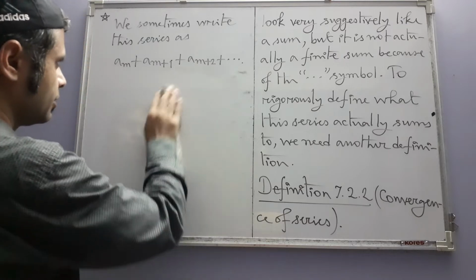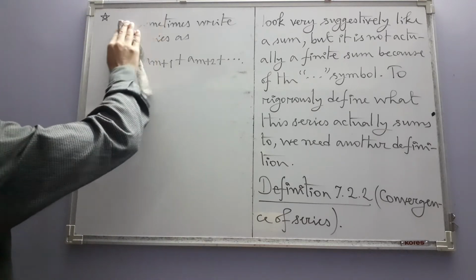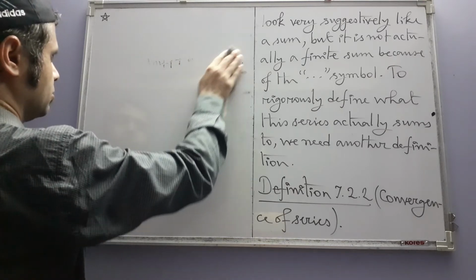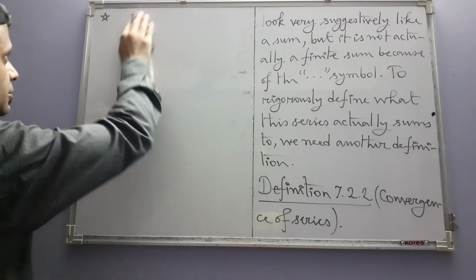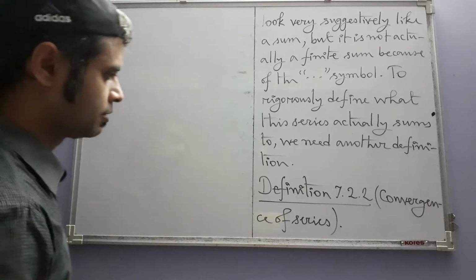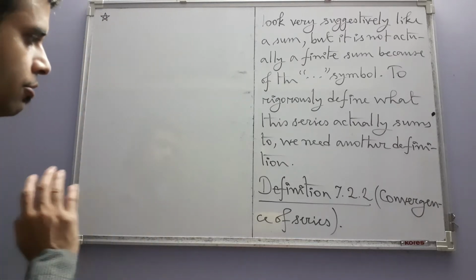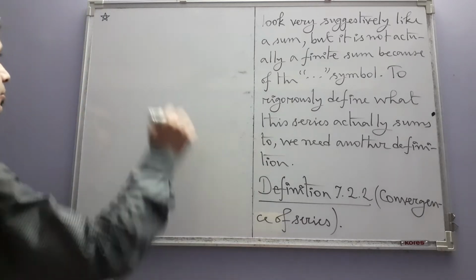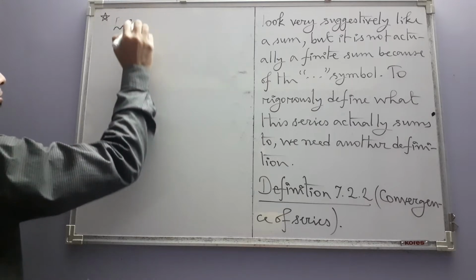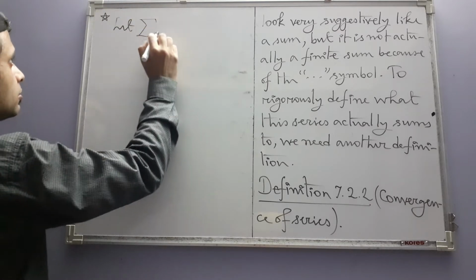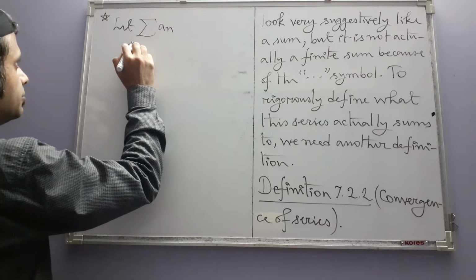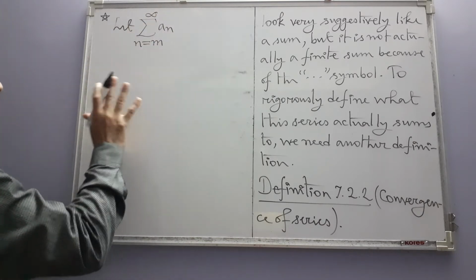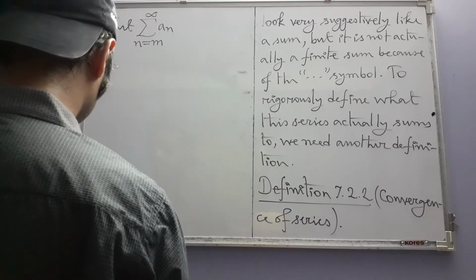Strictly speaking, a series is an object which is a symbol made out of an infinite sequence of real numbers, and we are now going to attach a sum to it. And that's just it. But the nature of this definition will justify this notation.